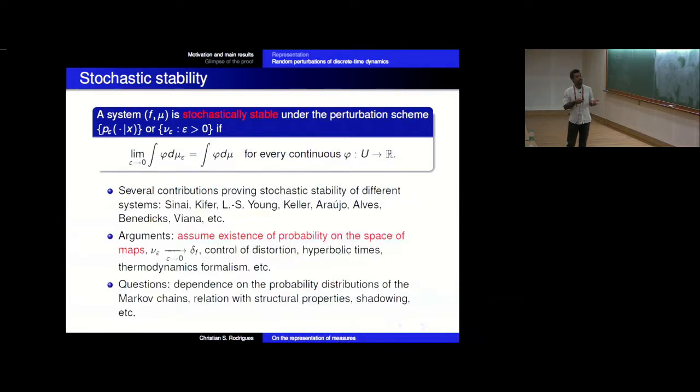So you have an unperturbed system, and then you consider some sort of perturbation, like either of the ways that I showed you before. And then the idea is that you have a physical measure, and you say that your system is stochastically stable if the measure that you obtain by the perturbation converges weakly to the unperturbed physical measure.